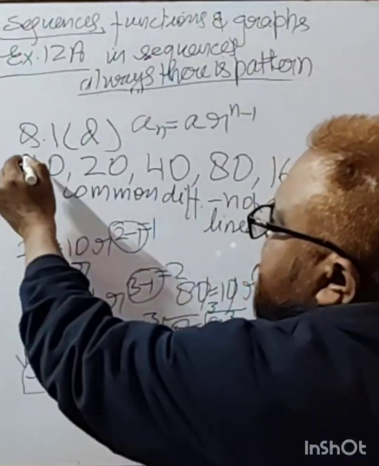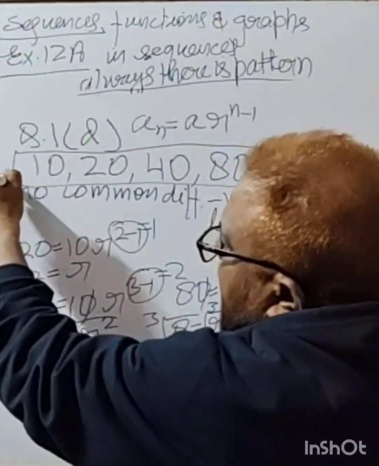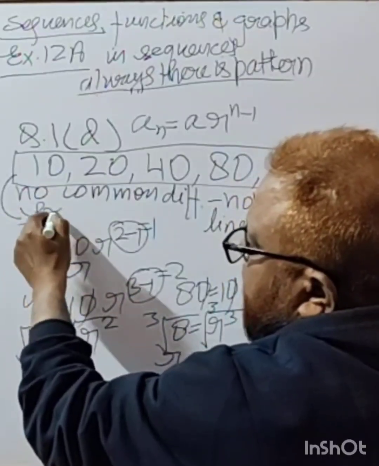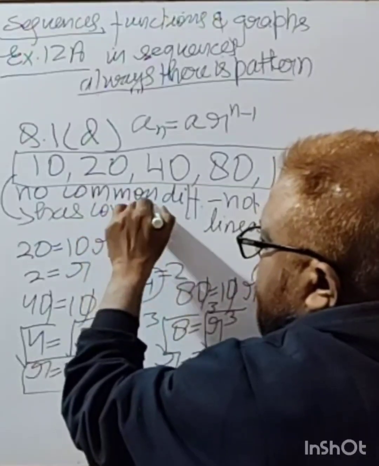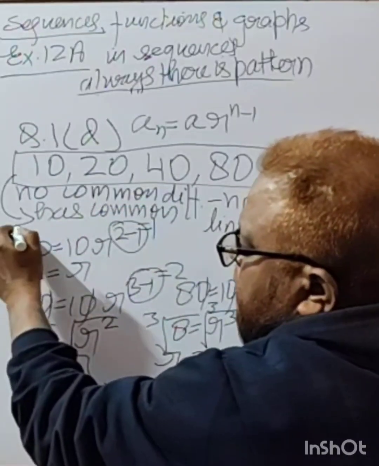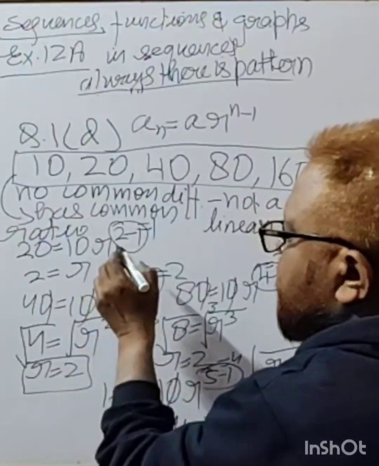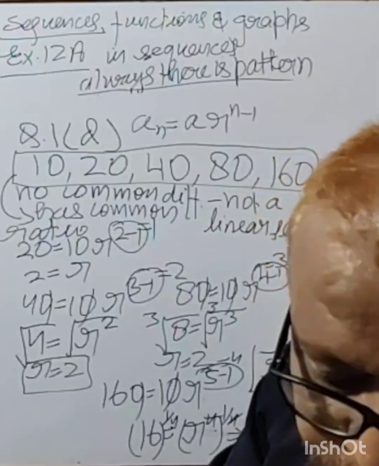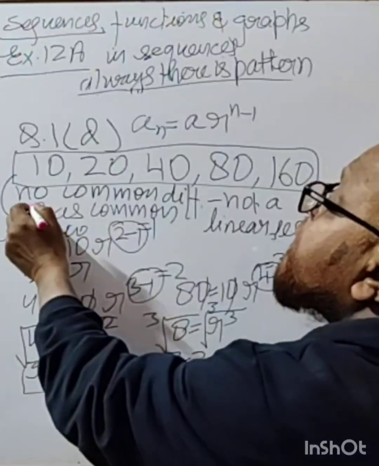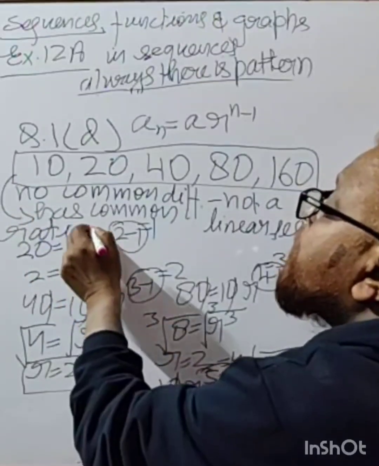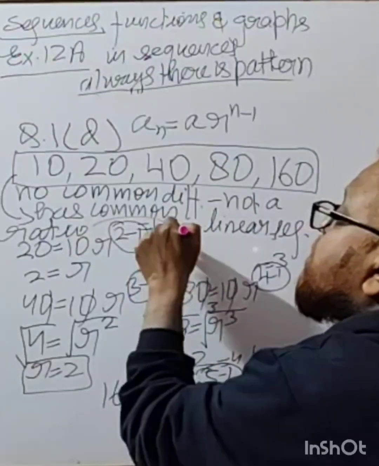So this sequence has a common ratio. It is having a common ratio, so we can say it is a geometric sequence.